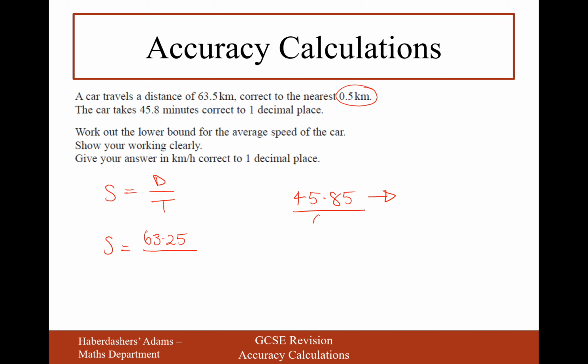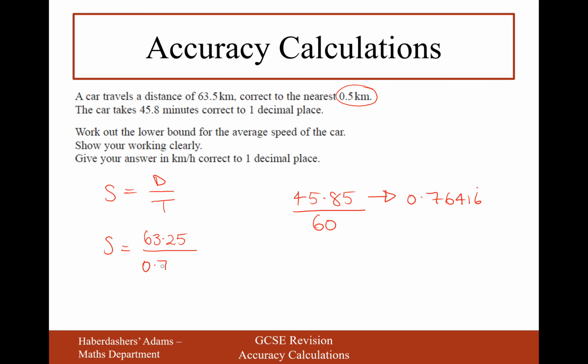Now to convert this into hours, we need to divide by 60. So it's 45.85 divided by 60, and that is 0.76416 recurring on the calculator. So this will be the amount of hours we're taking.